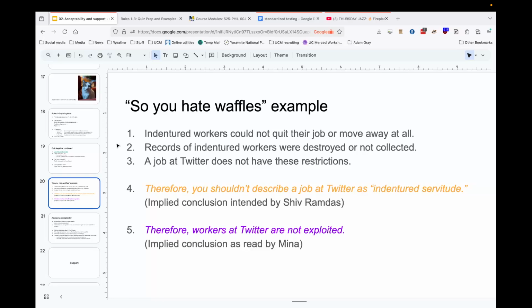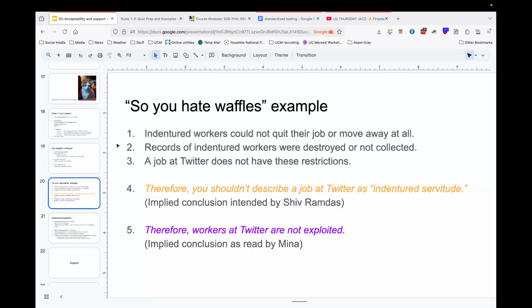That's sort of all Shiv Ramdas was going for, that this term, indentured servitude, shouldn't be used for people who work at Twitter today. Something along those lines. Mina, on the other hand, read this as having the implied conclusion that workers at Twitter are not exploited, or some other kind of defense of Elon Musk.